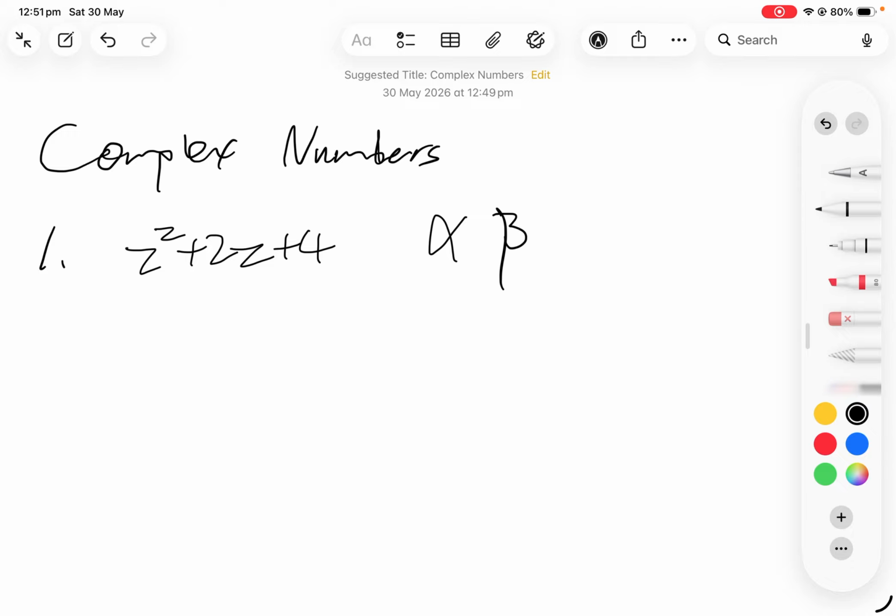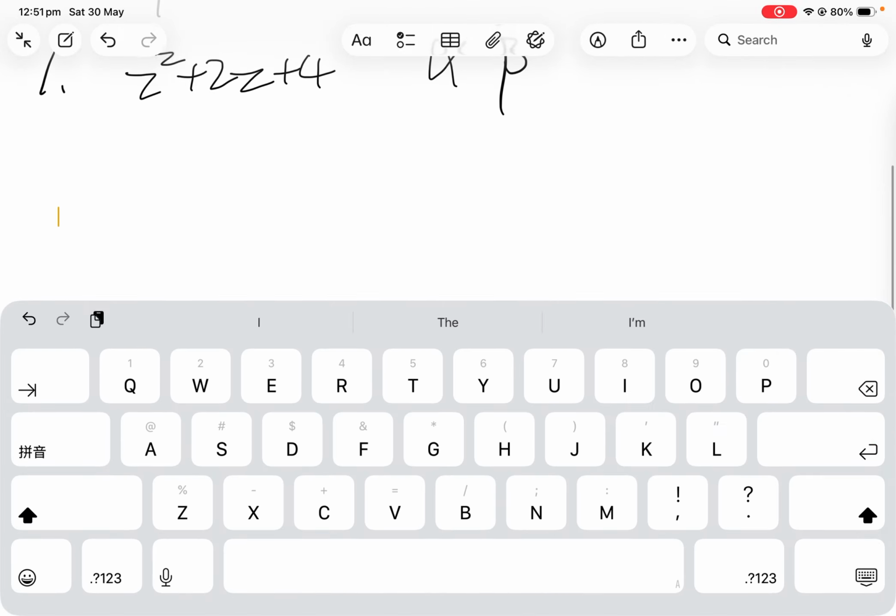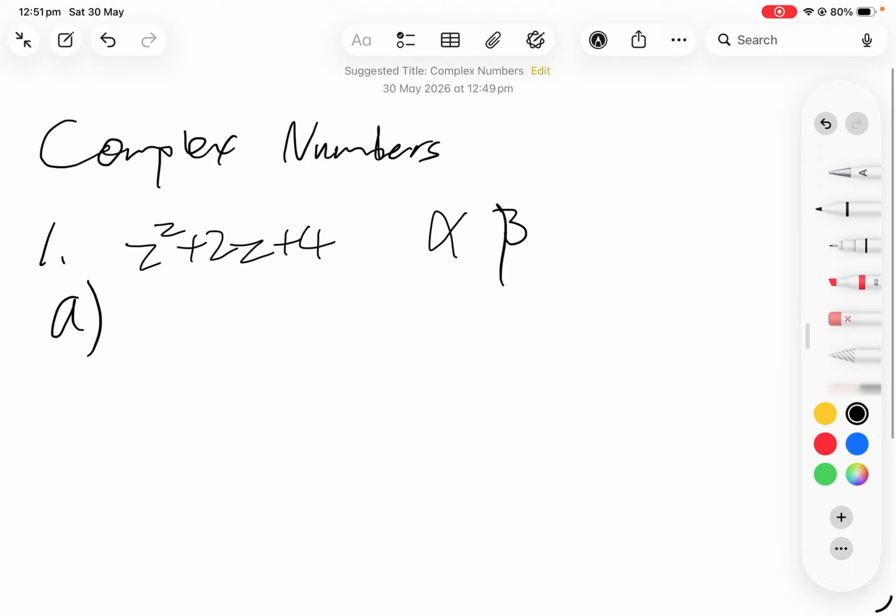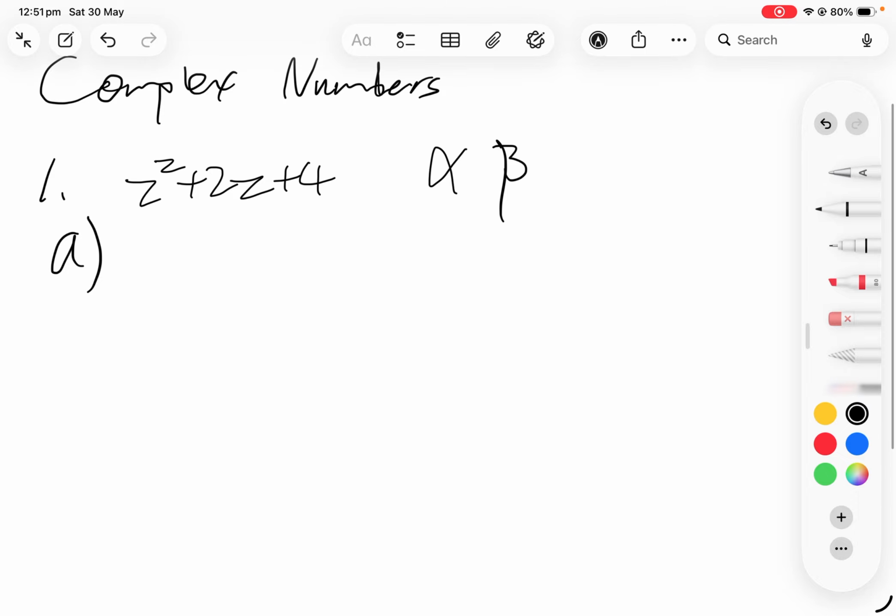For part A of the question, it wants us to find alpha and beta in polar form. So let's find alpha and beta not in polar form first, right? So first we will try to find the roots of this.